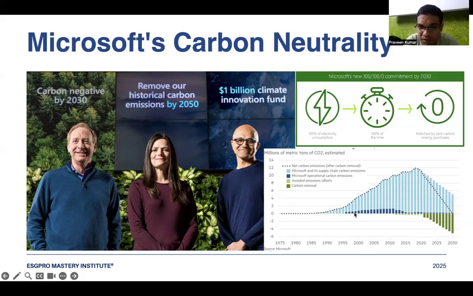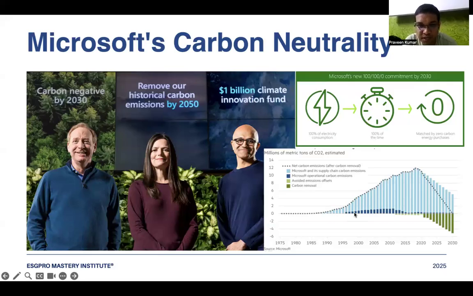And after that, from 2020 onwards, with the help of energy reduction measures, they started reducing carbon emissions. From 2020 till 2025, we can see they are getting benefits in terms of reducing carbon.